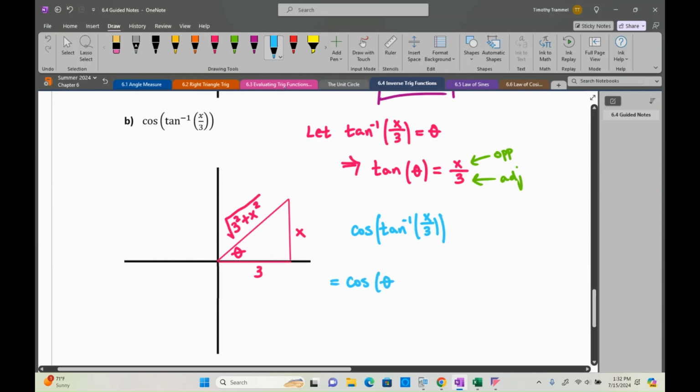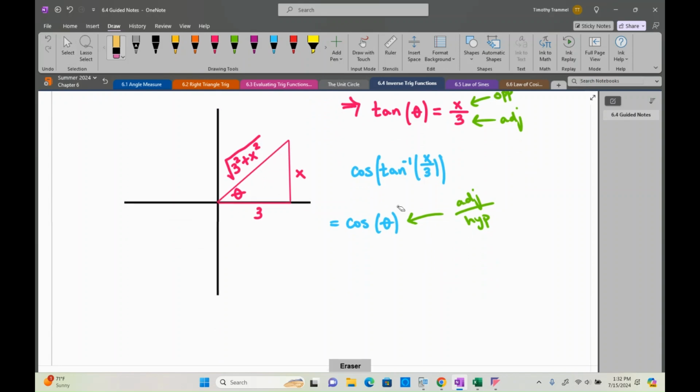There we go. And cosine, right, is adjacent over hypotenuse.